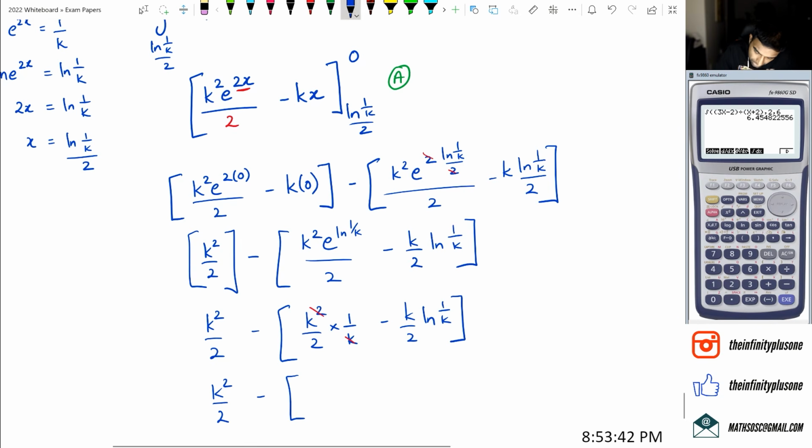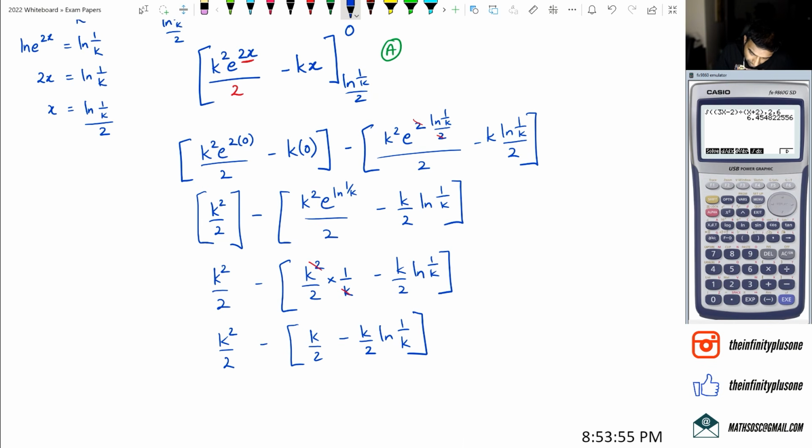So I'm going to end up with just k over 2 minus k over 2 ln of 1 over k. Keep carrying on. So I've got k squared over 2. I'm going to take out the brackets. So I've got minus k over 2 plus k over 2 ln of 1 over k.